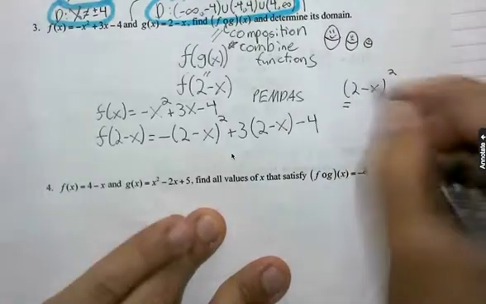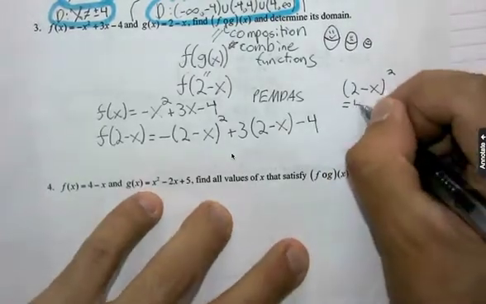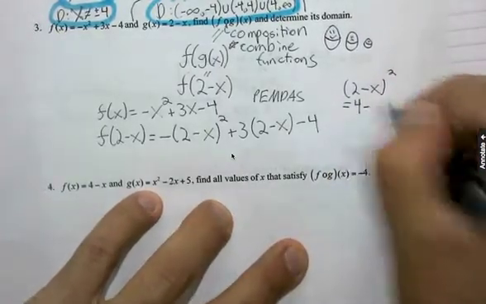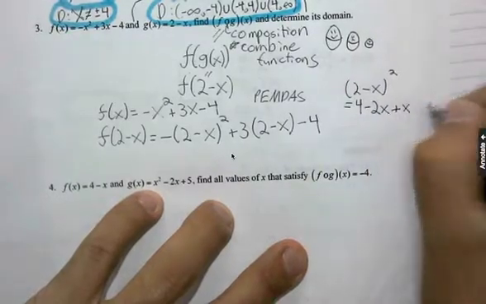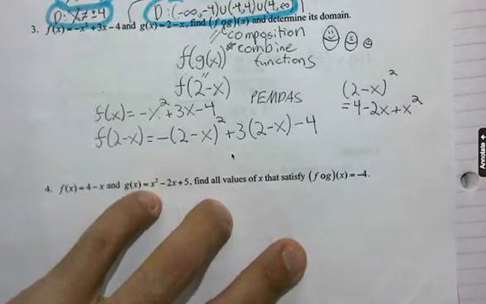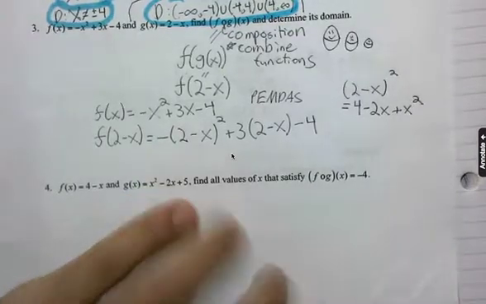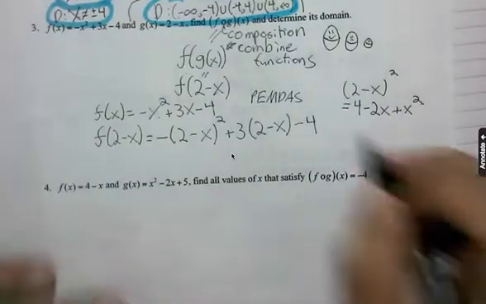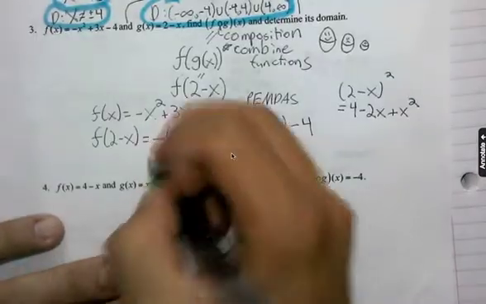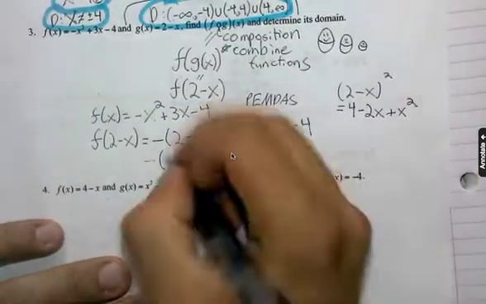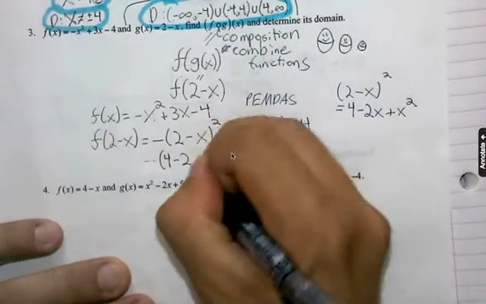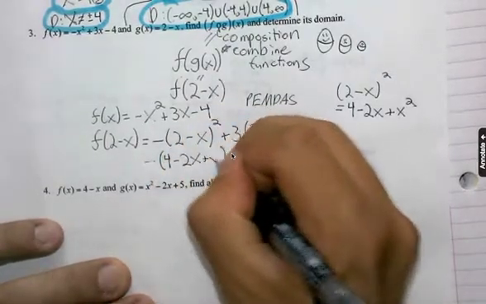Kind of an odd binomial, but if we FOIL this out, you could consider this 4 minus 2x, and adding on x squared. If you're not convinced, use box method, FOIL it, do what you need to do. So I'm going to rewrite this now as still subtracting, but now 4 minus 2x plus x squared.